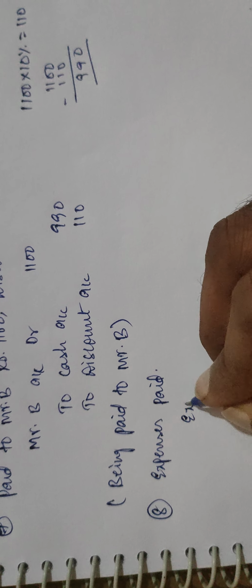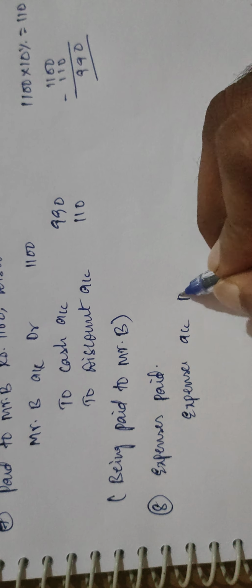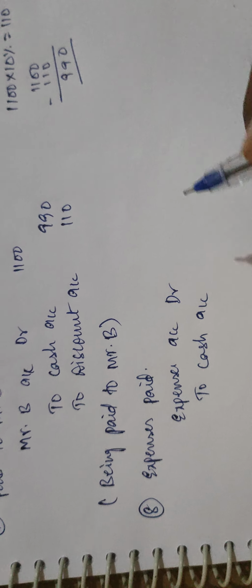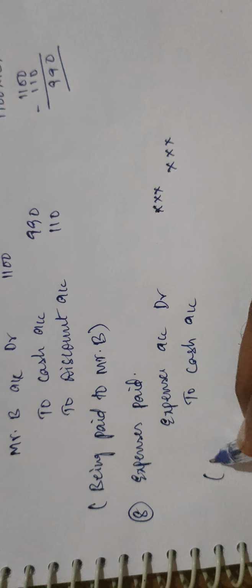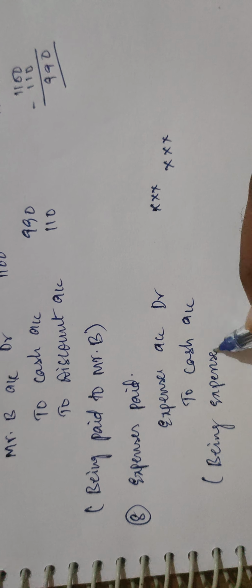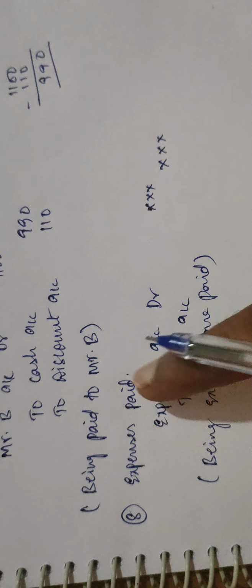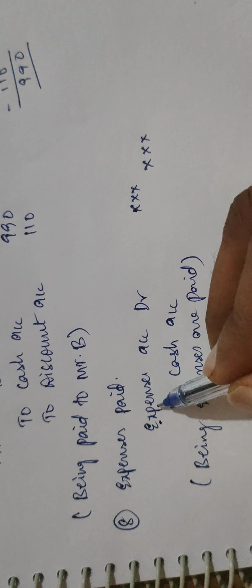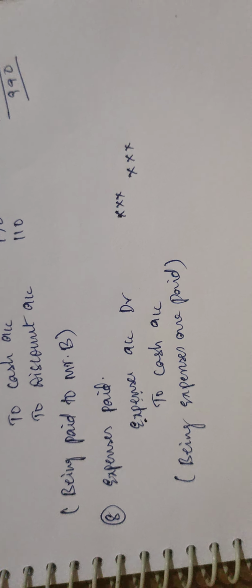Then the respective expense account debit to cash account, right? Means we are making payments of all the expenses, being expenses paid. So all the expenses will be recorded based on this journal entry. You can write the respective expenditure account like salary, wages, rent, taxes, all those things.